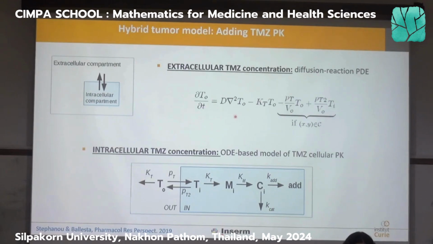So again, just like for the oxygen, the first term is diffusion. So when you put temozolomide somewhere in the domain, the temozolomide can diffuse with a constant D. And then here, the three next terms are exactly the mathematical model that we derived in the in vitro situation with the ODs. So the first term here is just the activation of temozolomide into MTIC.